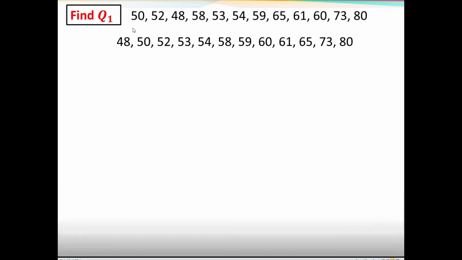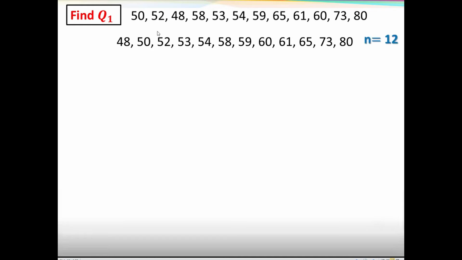So sa step na to, kailangan you have to be very careful sa pagsusulat ng inyong data. Next step, we will count the numbers in our given data. Bilangin natin, 1, 2, 3, 4, 5, 6, 7, 8, 9, 10, 11, 12. In this example, our n is equal to 12.